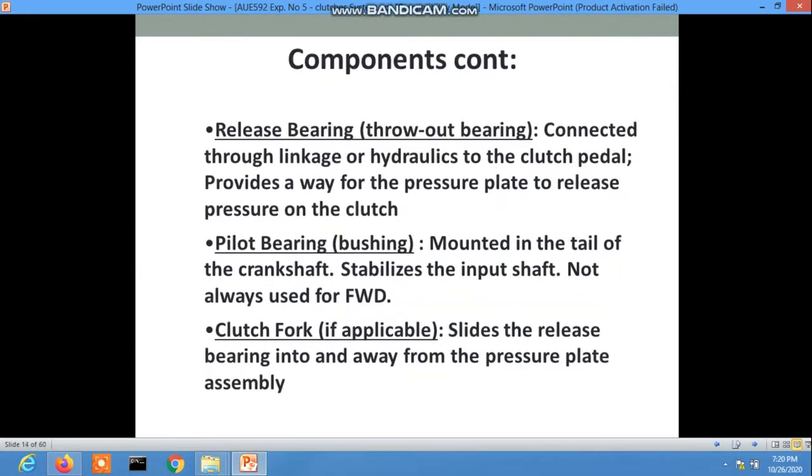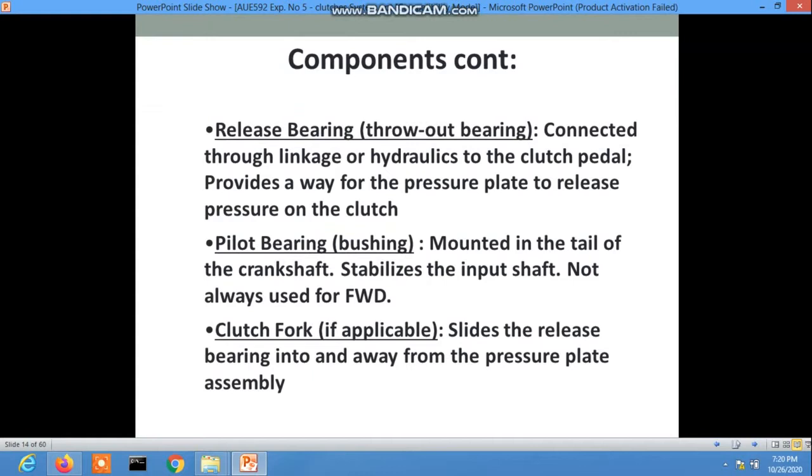Another component is the release bearing, also known as the throwout bearing, connecting through linkage or hydraulic linkage to the clutch pedal, providing a way for the pressure plate to release pressure on the clutch.